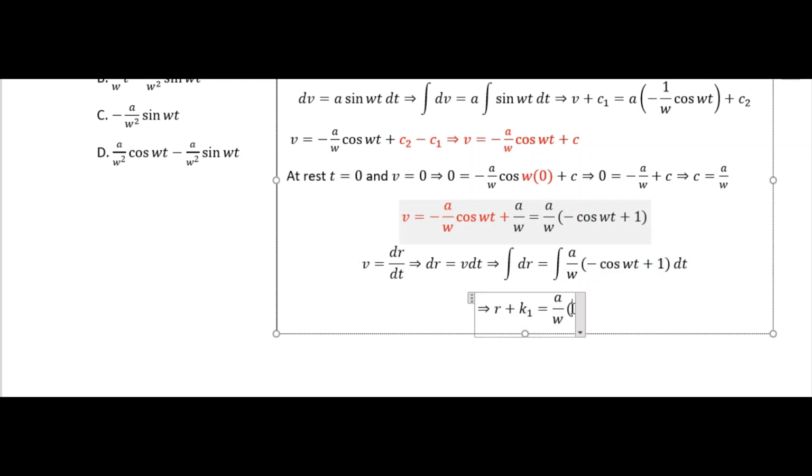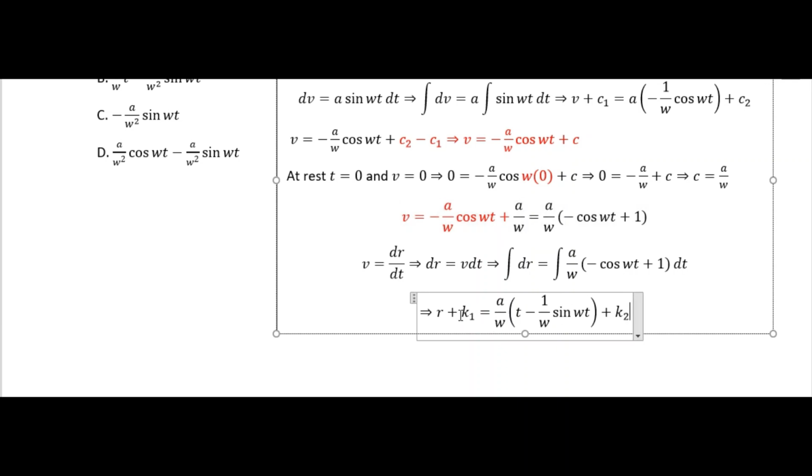When we integrate 1, we just get t, because we're integrating with respect to t. When we integrate negative cos omega t, the negative sign remains, then I have 1 over omega times the sine of omega t. That's what I get, then plus another constant of integration, I can call it k2.